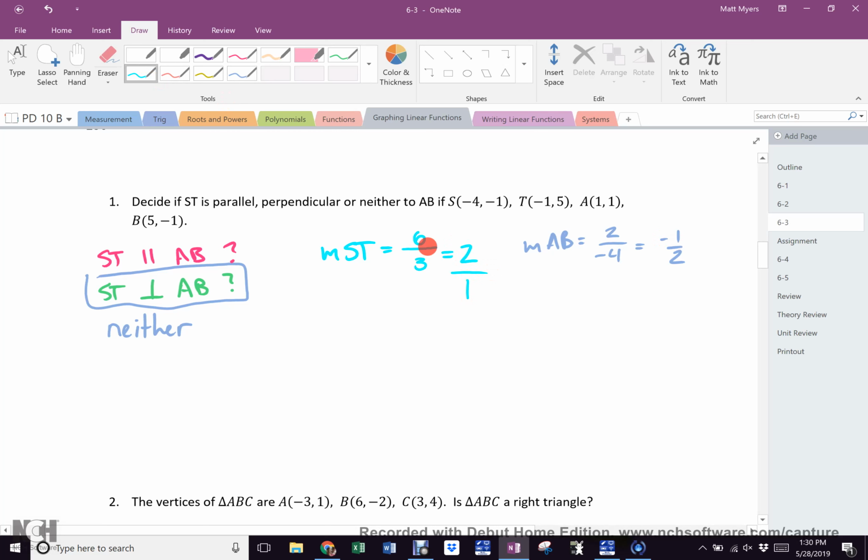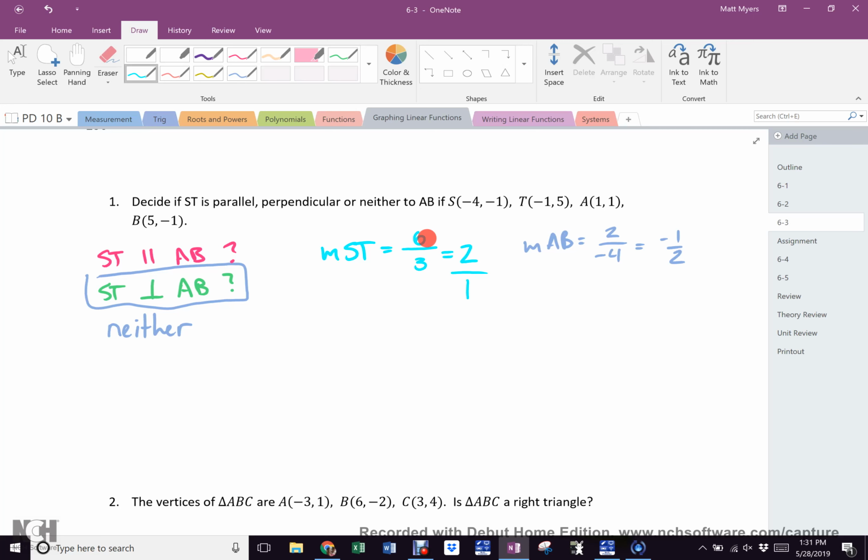Why did I not even bother to write y1, y2? Because you could do it either way. And if I write it, one or two of you will think that's the only way to write it. Does it matter which is y2 and which is y1? No, as long as you keep it consistent.